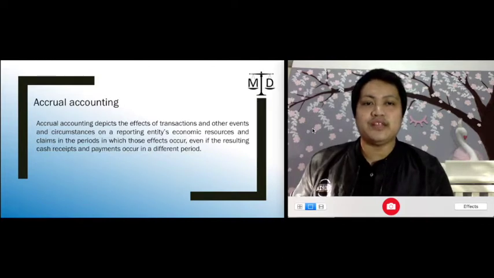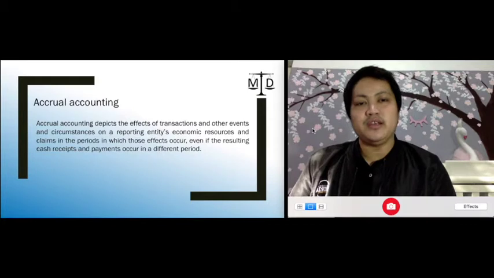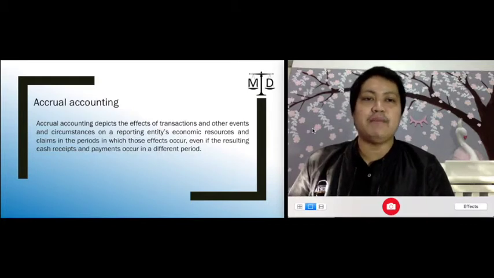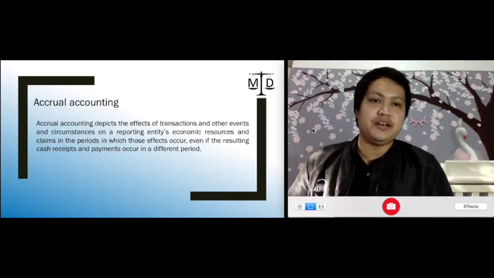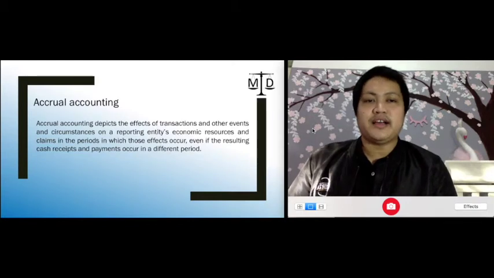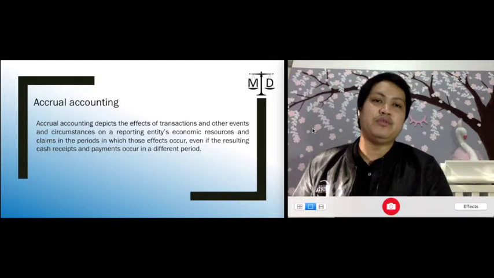Even though cash was not collected this period, it's possible that the entity was actually doing well, it's just that the collection will happen in a future period. It's possible that we have made very little disbursements this year, but we have accumulated so much liability. In cash basis accounting, we only monitor our cash inflows and cash outflows. We do not monitor whether you were able to make earnings or suffer losses this year.